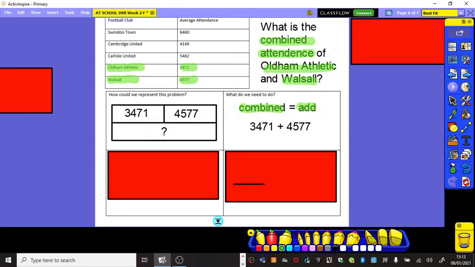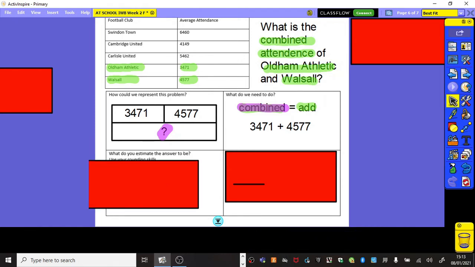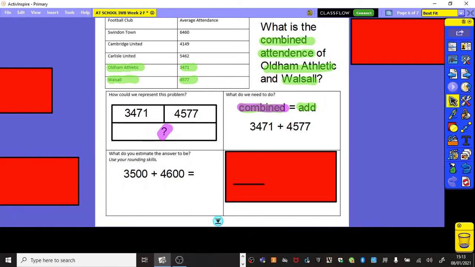Now, you can see here in my bar model that I've got the two numbers and I'm very much trying to work out from the two attendances that I've been given, what is my combined total? That would be my combined amount. So, if I was going to do some estimating, that would give me an idea what my answer might be. 3,500 and 4,600.